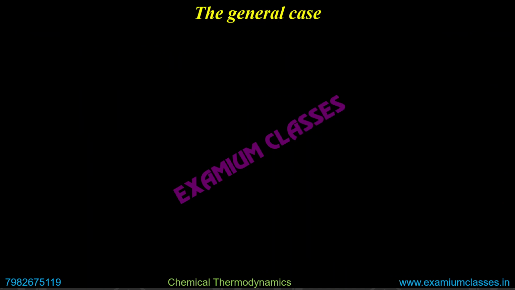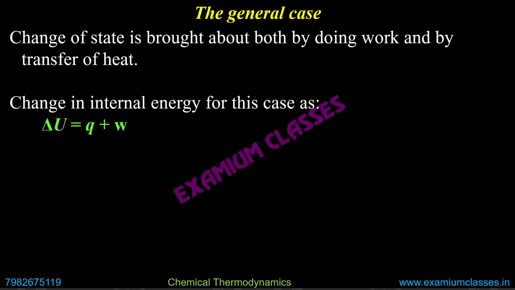In the general case, what we do is consider both. We are doing work and we are providing heat also, or vice versa. The work is done by the system or the heat is evolved from the system. In that case, the change in the internal energy obviously will be due to both. So we can write Q plus W. This is a very important equation we will be using very frequently.